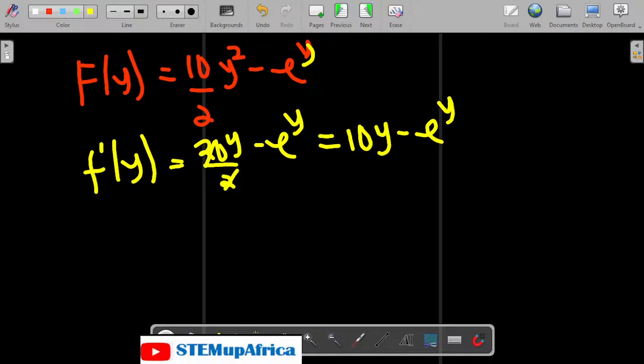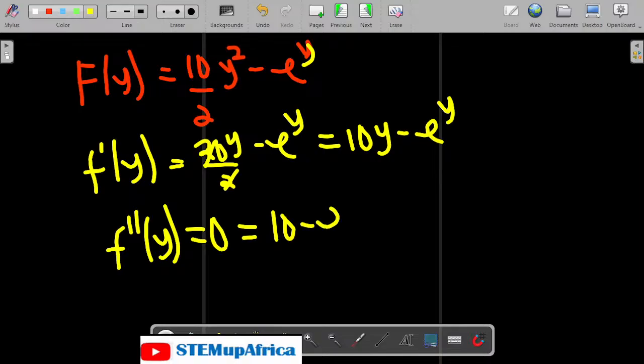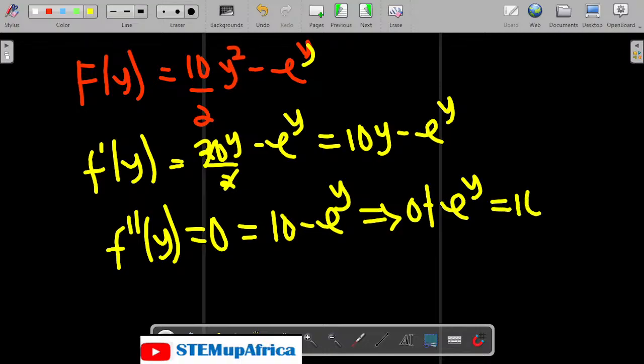So let's get the second derivative from the first. My second derivative, which is equal to 0, becomes 10 minus exponential y. So I can make exponential y the subject of the formula. I'm having 0 plus exponential y is equal to 10. So exponential y will give us 10. So how do we find y from here? I will take the ln of both sides, which is the natural logarithm of both sides.